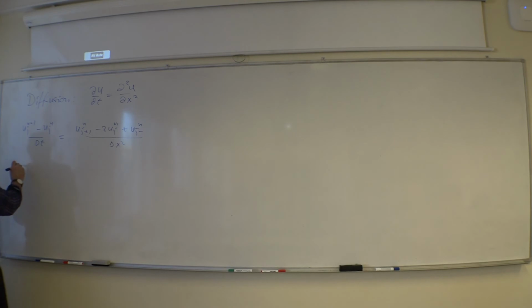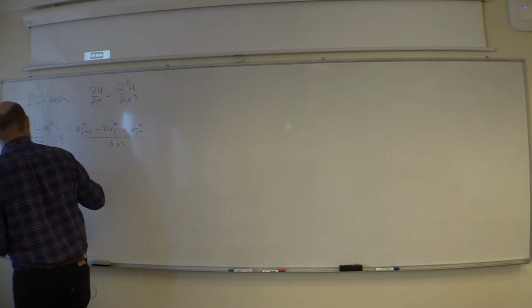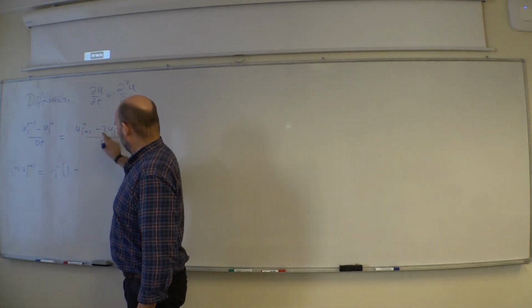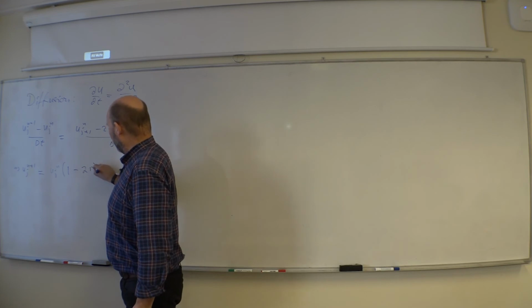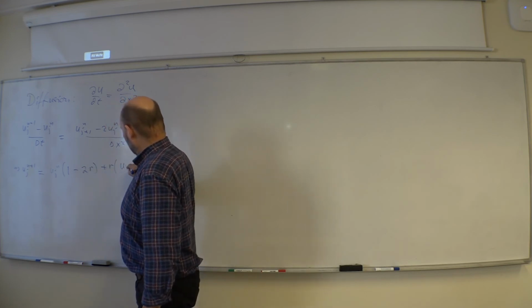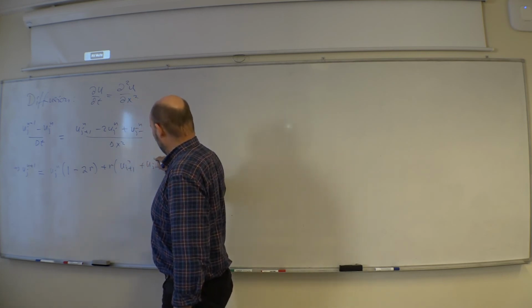That was the recipe, and this one we rewrote as u^(n+1) equals, and what did we get here? We had u_j^n multiplied with 1 minus 2 times r, as we called it, plus r times (u_(j+1) plus u_(j-1)).